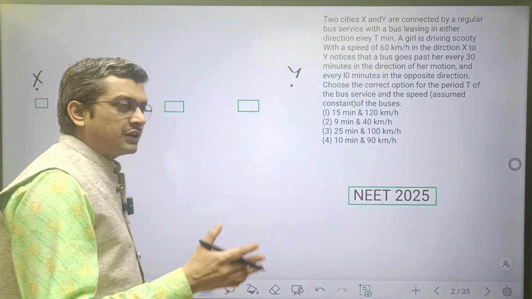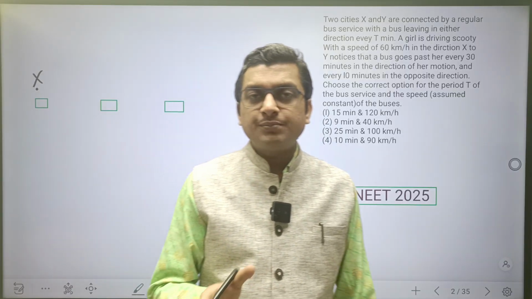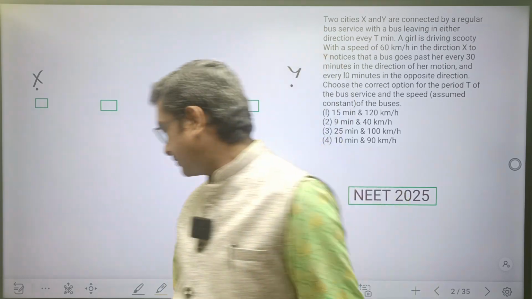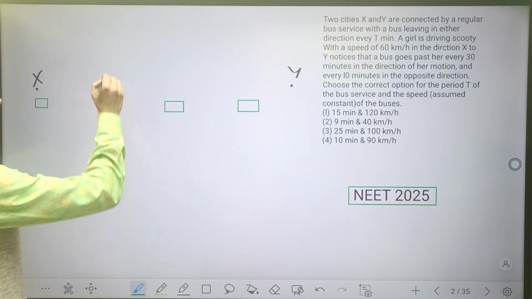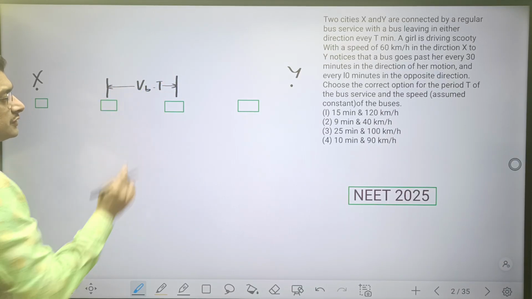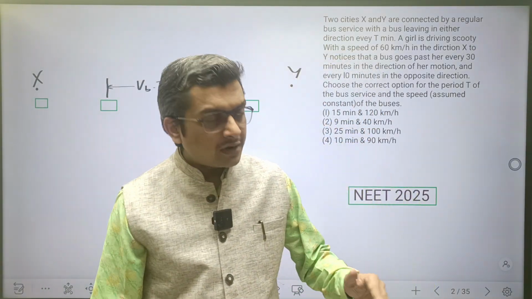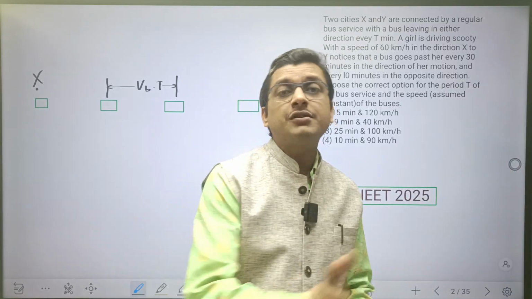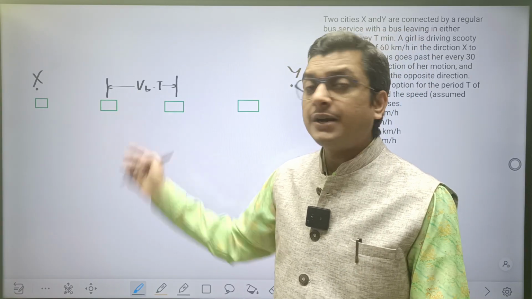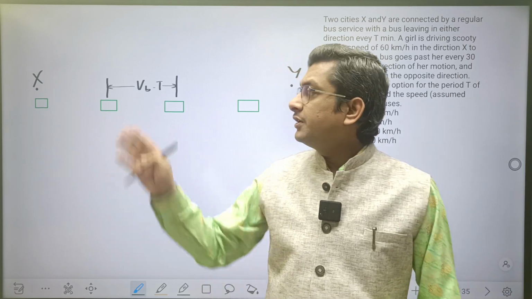So assuming, as given in the question, that the speed of the bus is constant, the distance covered by the bus in T minutes must be given by Vb multiplied by T. So this is the very first conclusion, that the distance between any two successive or consecutive buses is given by Vb into T. This must be very clear to you, because when the second bus left, the first bus had already covered some distance, and that distance is given by the speed of the bus multiplied by the time for which it is in motion. So it is Vb multiplied by time.